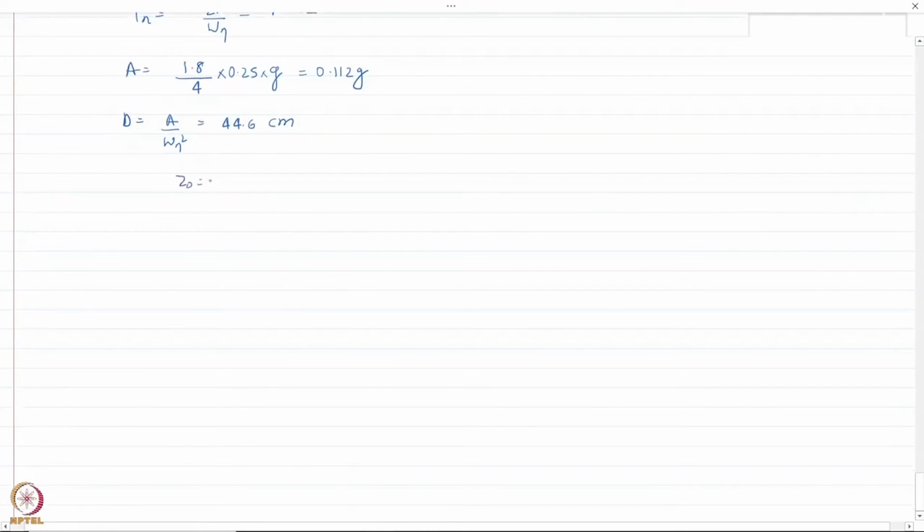So Z naught would be equal to gamma equivalent times D. I also need to find out gamma equivalent here, which is L equivalent divided by M equivalent. If you remember from the previous classes, I can get these directly by integrating, let us say L equivalent as the integral of mass times phi x times dx, and M equivalent similarly.